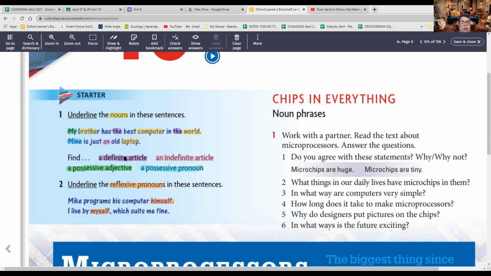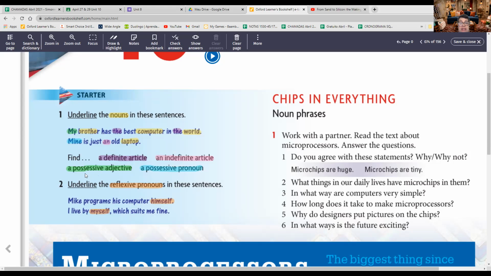So here in purple, we found a definite article, the, okay? Now find an indefinite article. So here in pink, an, okay? So that is an indefinite article.